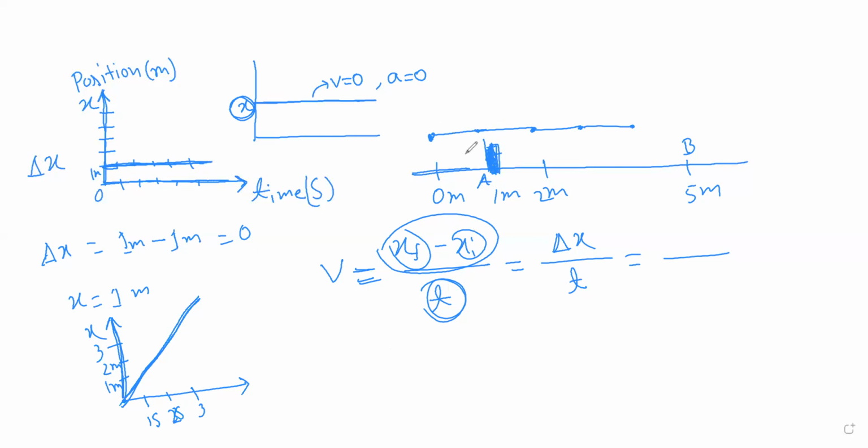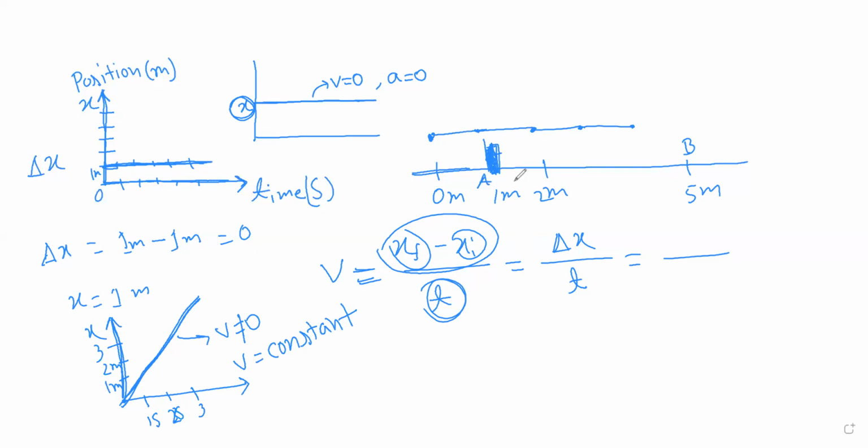So here you can see uniform velocity, meaning in this case our velocity is not equal to 0, but our velocity will be constant here, because we can see this is constant. In other words, we can call this line a non-zero constant velocity.